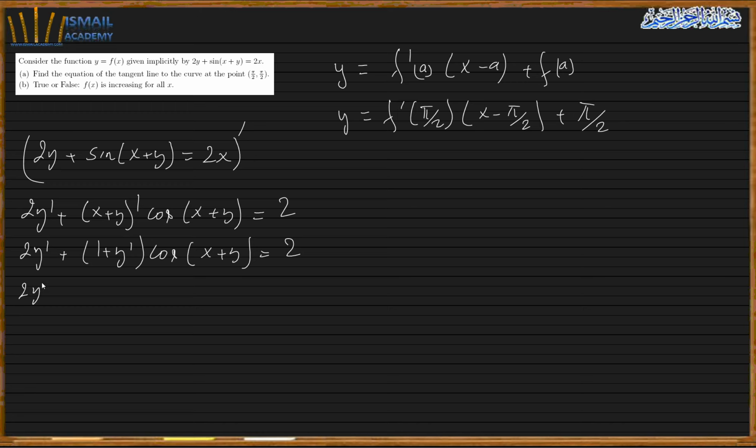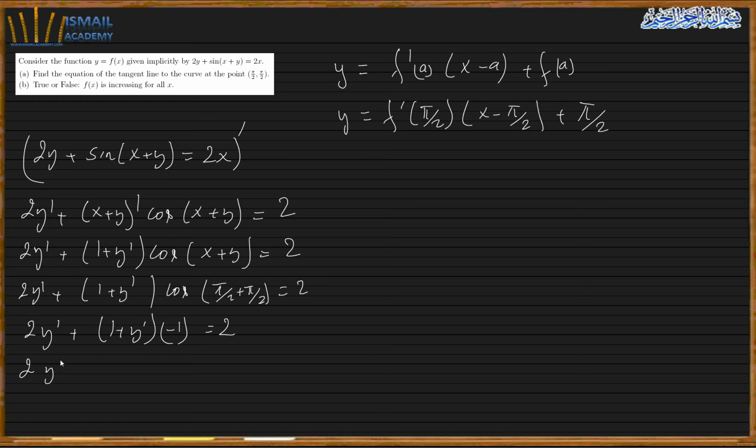So it's going to be 2y prime plus 1 plus y prime cosine of pi over 2 plus pi over 2, which is pi, and cosine of pi is minus 1, so it's going to be 2y prime plus 1 plus y prime times minus 1 equal to 2.